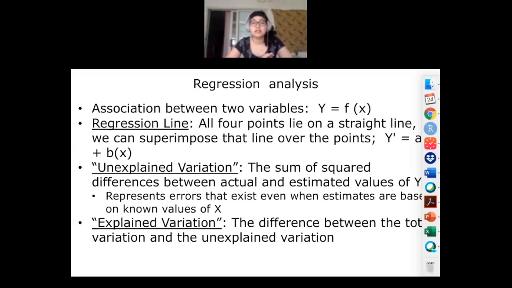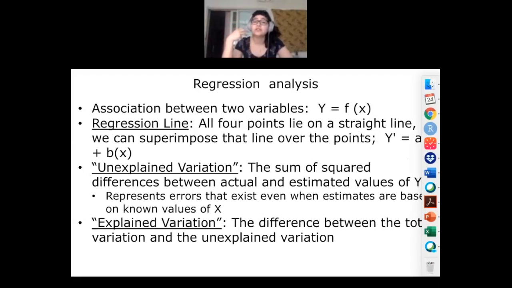So basically, this is all to say that these are measures of your model. So your model is the explained variation, and that percentage is how much your model is explaining.